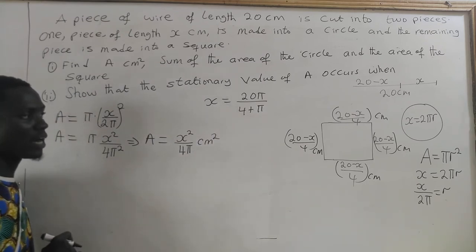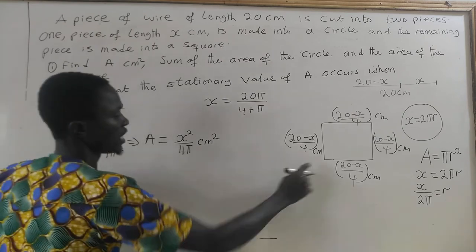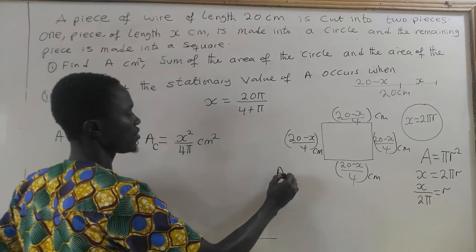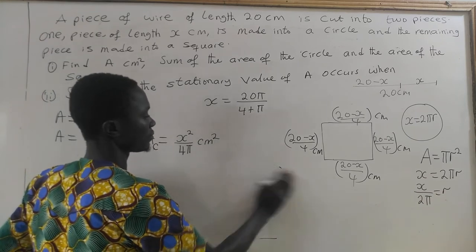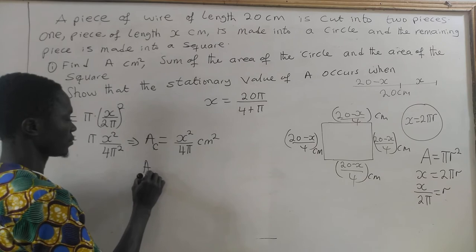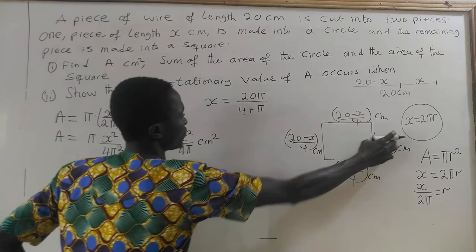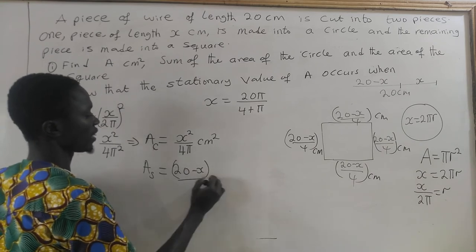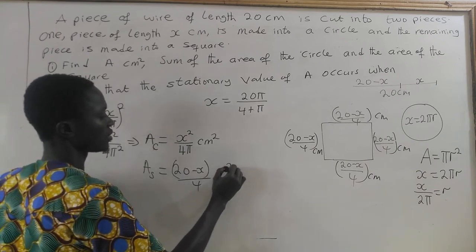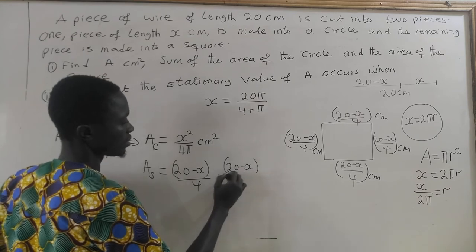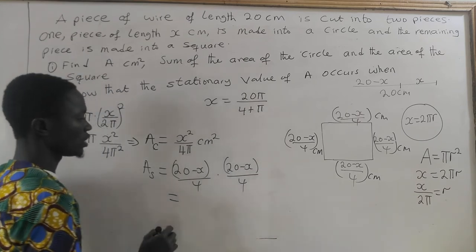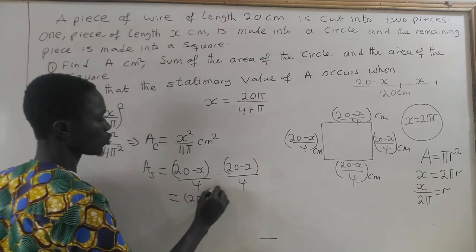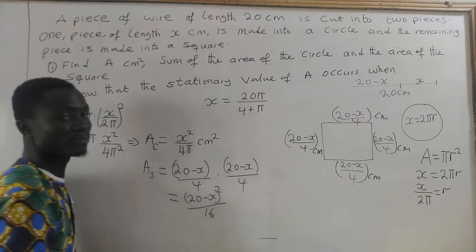Now what about the area of the square? The area of the square will be equal to length times breadth. So I'll have 20 minus x divided by 4 times 20 minus x divided by 4, and that will give me 20 minus x all squared divided by 16.